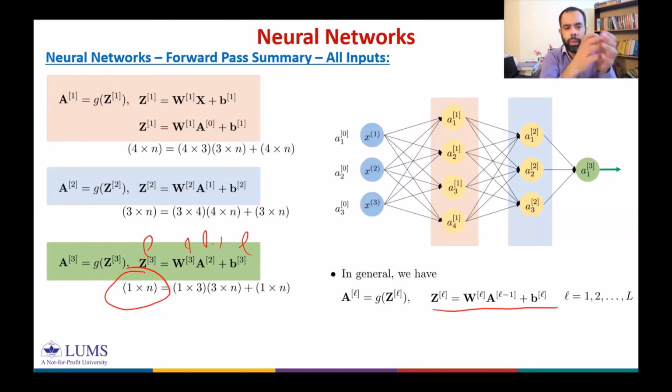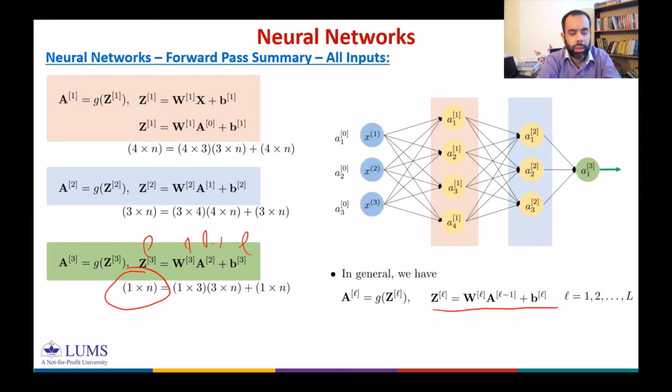And in this formulation, in this slide, we have the formulation for when we have stacked all the inputs in the matrix, and we can use these equations to obtain all the outputs by traversing the network from input to output.